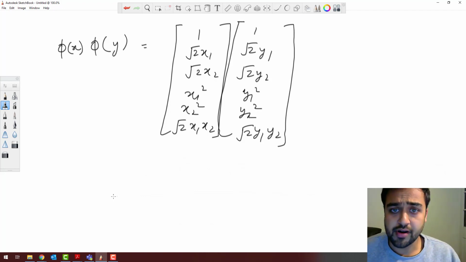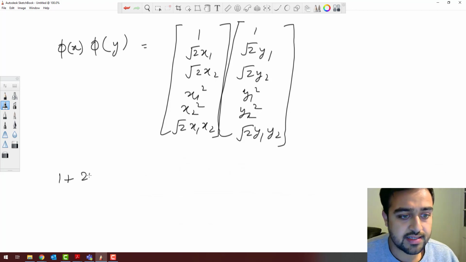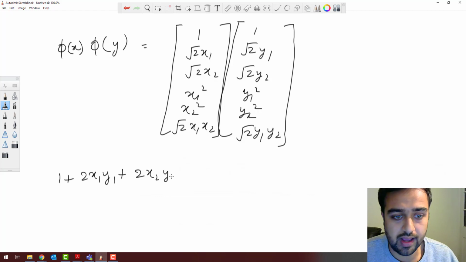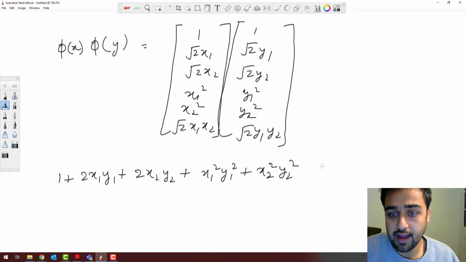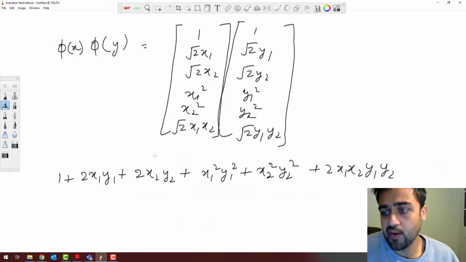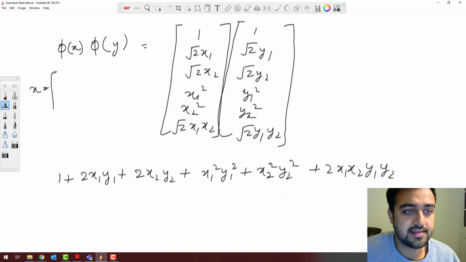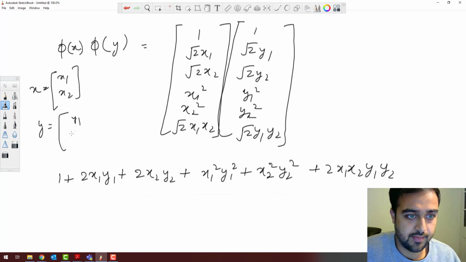Now if we take a dot product of these two, we'll be left with 1 plus 2 x1 y1 plus 2 x2 y2 plus x1 square y1 square plus x2 square y2 square and twice x1 x2 y1 y2. Keep in mind that x consists of x1, x2 and y is made up of y1 and y2.